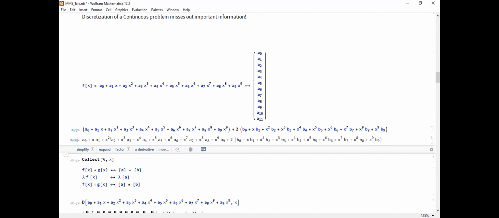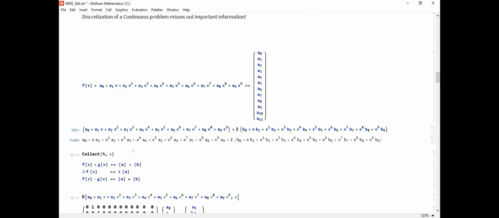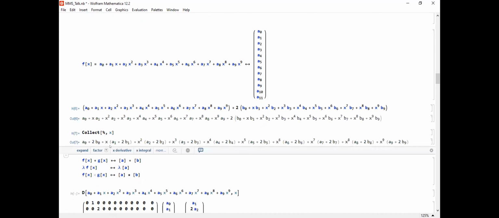So I've added these two vectors together, and Mathematica leaves them separate. So let's collect the terms with x, and as you can see, we now have a new component here, the zeroth component. Then you have the one component multiplied with x and so on.